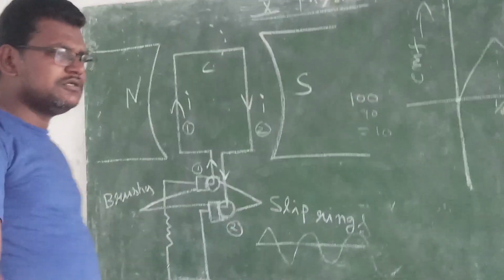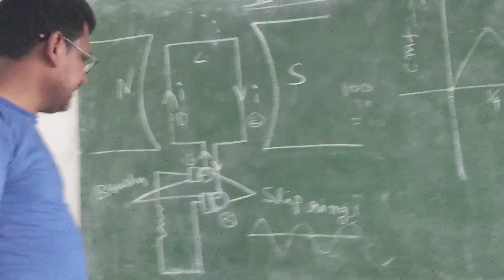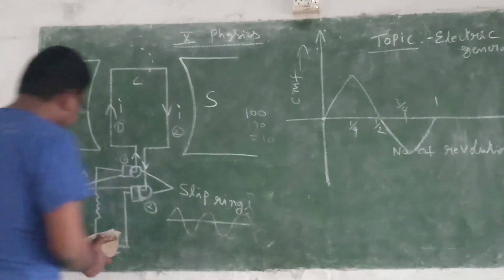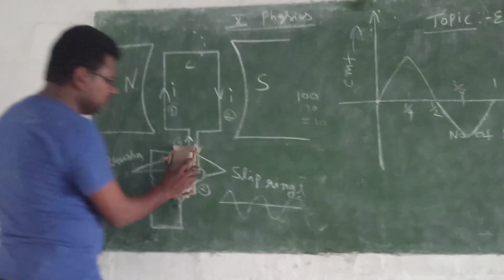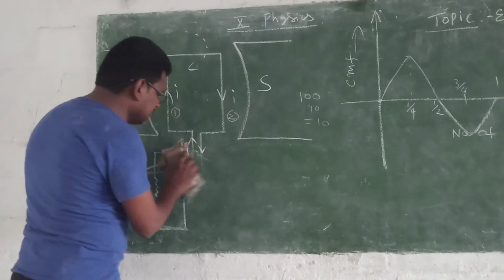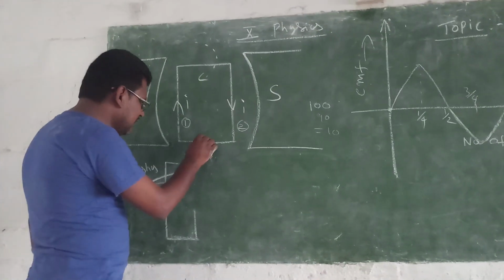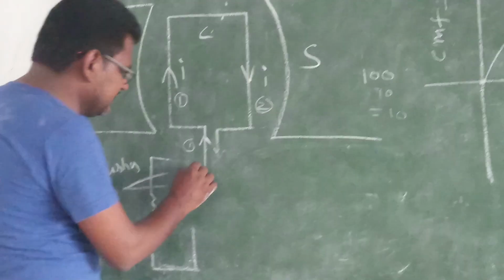Now let's see what a DC generator is. See here, it is very simple. There is no change in this, the only change is that we remove the full slip rings and connect half slip rings.